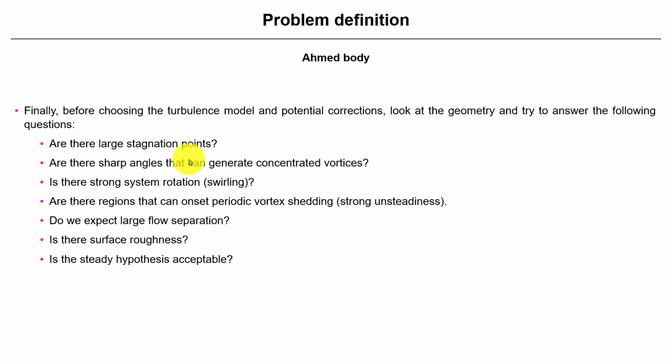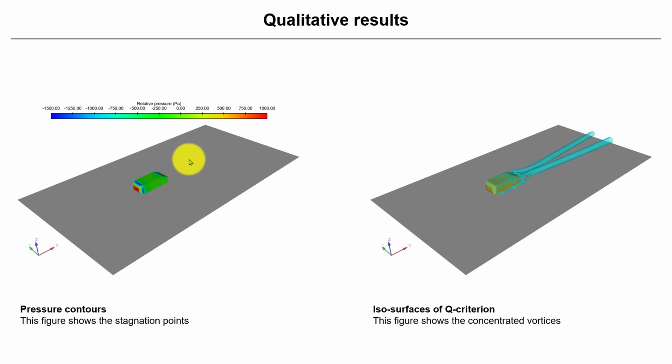And just to show you some figures here, see that we already have the results. So answering the previous questions: are there large stagnation regions? Look at here, the domain, the Ahmed body, and yes, there are large stagnation regions. So it might be desirable to enable that correction, that production limiter, if you are using linear viscosity models. Are there concentrated vortices?